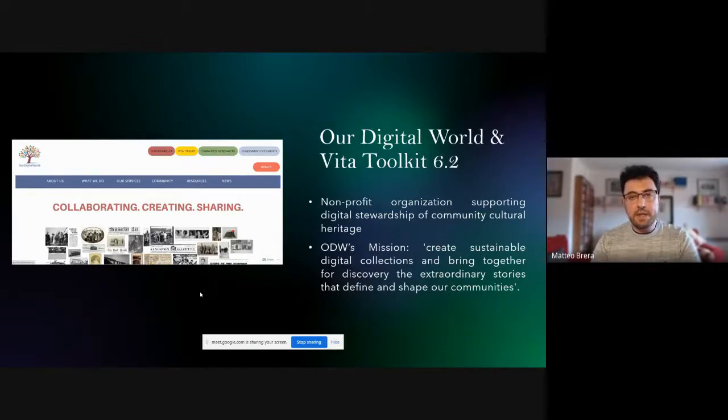And their mission is exactly, I thought it was a perfect fit for their mission, as a matter of fact, because what Our Digital World tried to do is to create stories and create narratives that have shaped and still shape communities, especially these days, where, particularly in the Italian-Canadian context, there's a revival of the discourse on the internment, and there have been public apologies by the Prime Minister to the Italian-Canadian community.